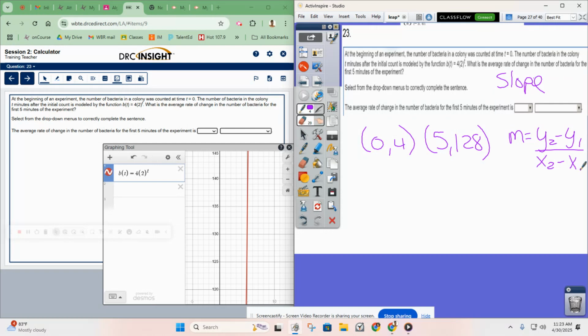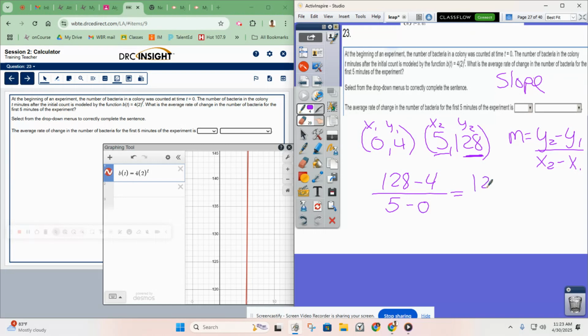If it helps you to label your ordered pairs, this will be my x1, y1, x2, y2. It doesn't really matter which one goes first, just so if I start using the 128, I have to start the x with the 5, okay? So let's do y2, 128, minus y1, 4, over 5 minus 0.